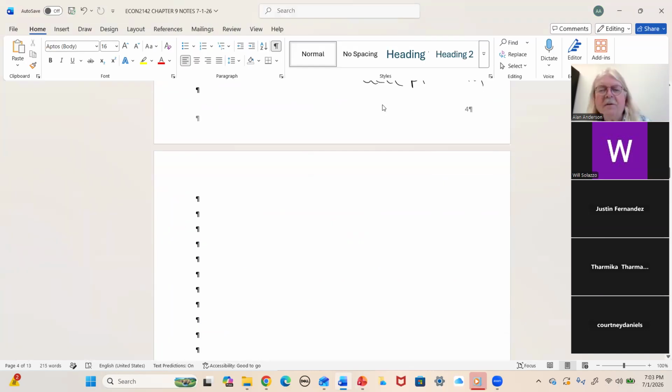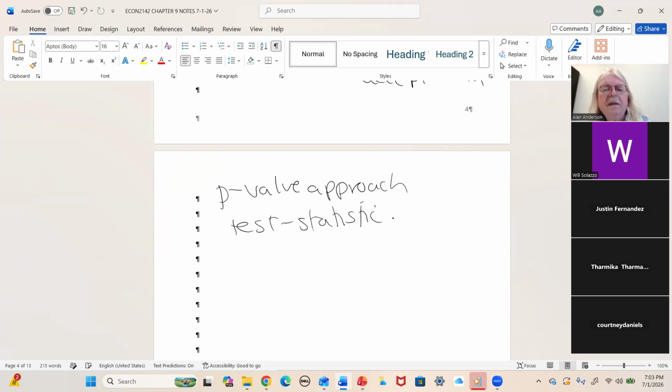The two basic approaches that we're going to look at are the p-value approach and the one that's sometimes called the test statistic critical value approach. That's the one that we're going to start out with.